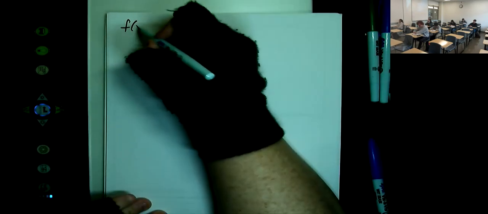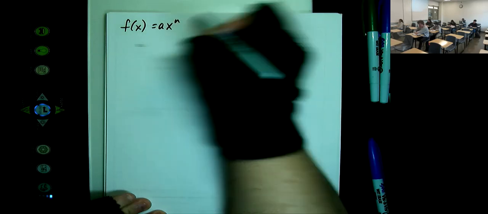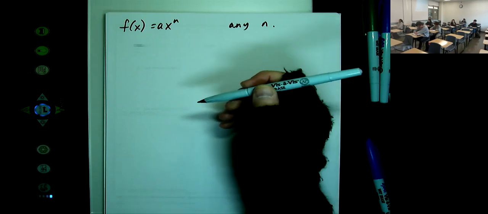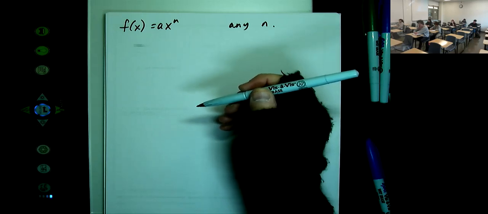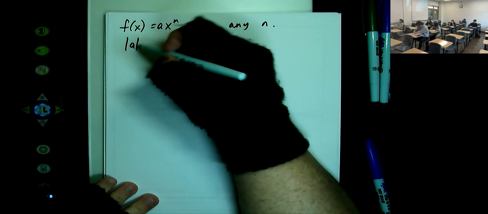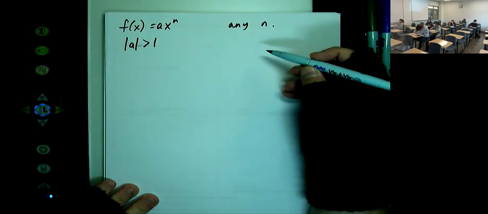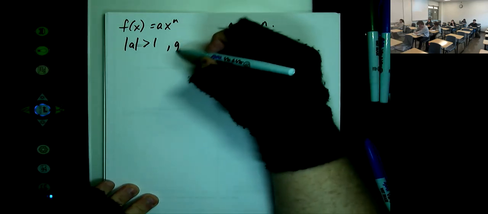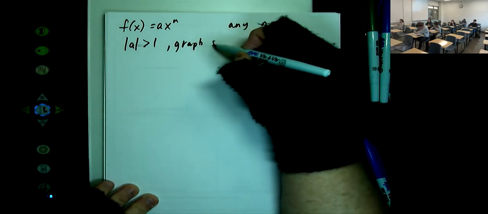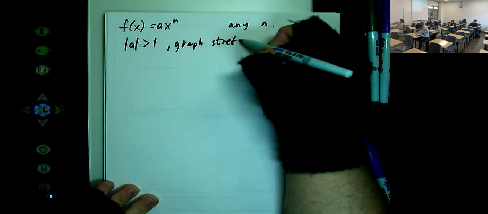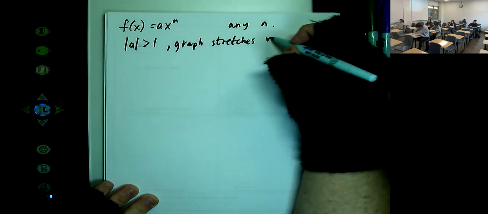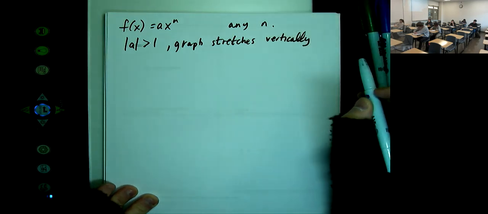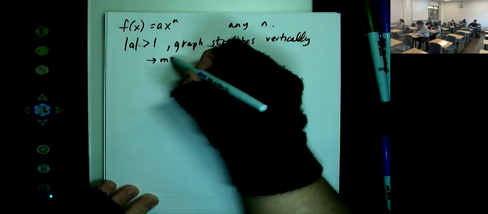So for f of x equals ax to the n, any n, if the absolute value of a is greater than 1, the graph stretches vertically. Positive y values get larger than they normally are. It makes it look narrower.